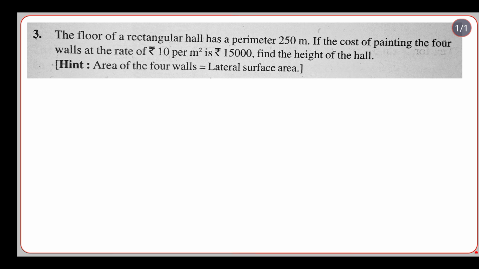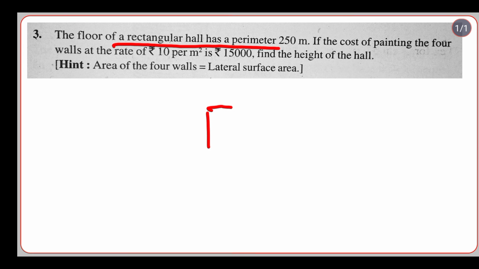Let's start one more word problem. The floor of a rectangular hall has a perimeter of 250 meter. The cost of painting the 4 walls is given to us as rupees 15,000, as well as the rate of painting 1 meter square is rupees 10. Now concentrate on the first line.